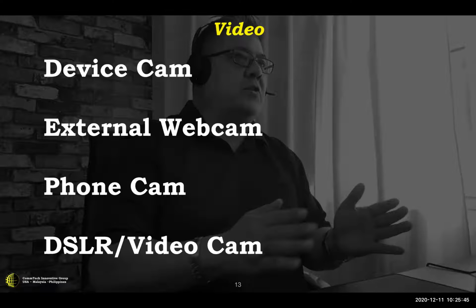Once again, search on how to do it. In my opinion, it's a slightly easier process to connect your DSLR and your video camera than it is to connect your phone. But very, very doable.